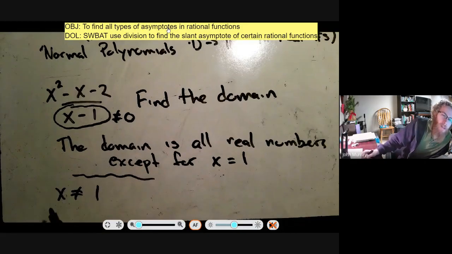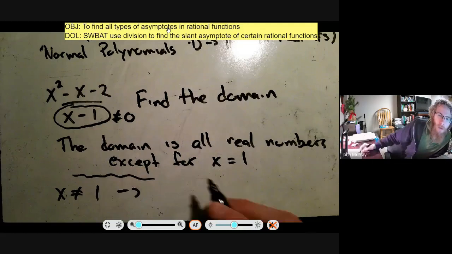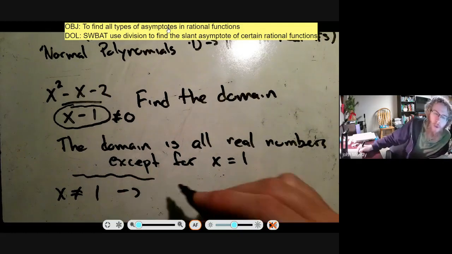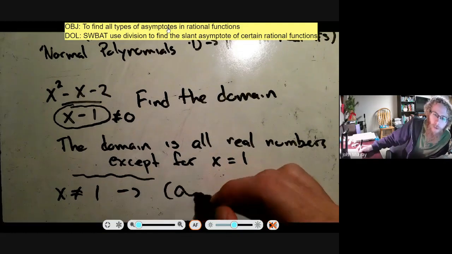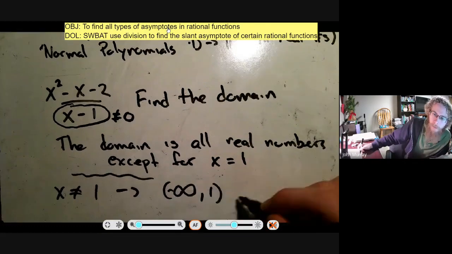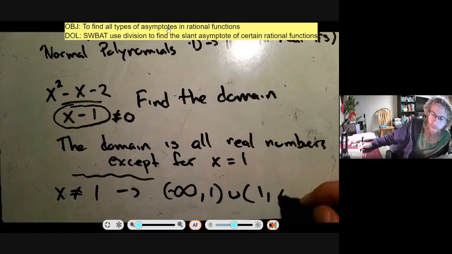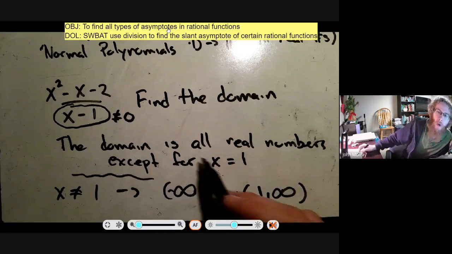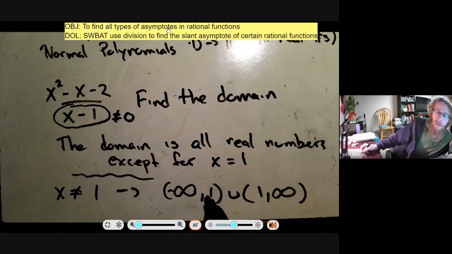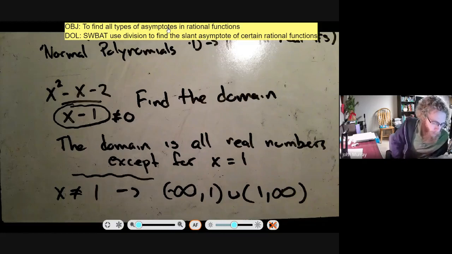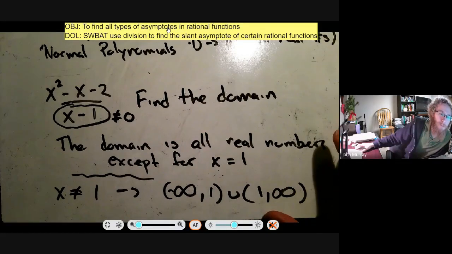But we really don't like this because it's not very definitive. Just saying x can't equal 1, that's not much. So if you did want to do it a little simpler than writing everything out, you could use interval notation. So this is saying all real numbers except for that 1. We skip over 1, and then we continue on. So you may see that in the future where you're asked for the domain. So I just wanted to point that out.